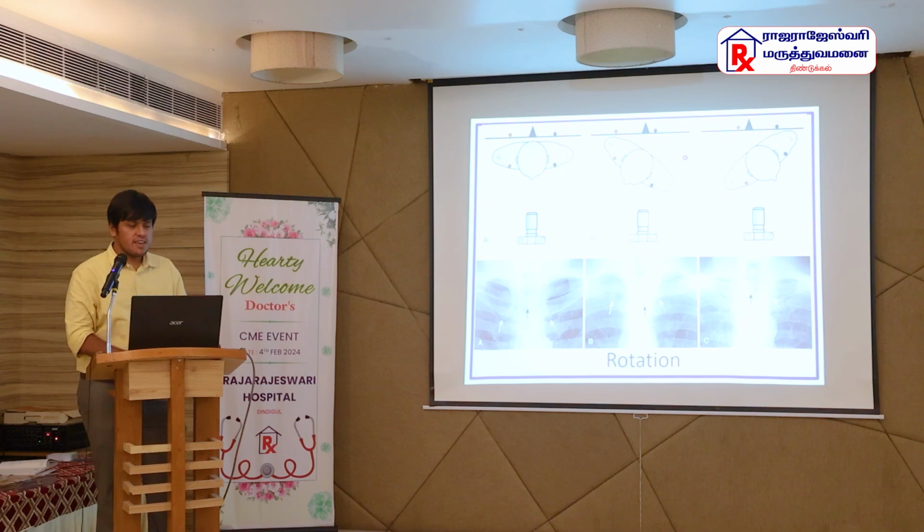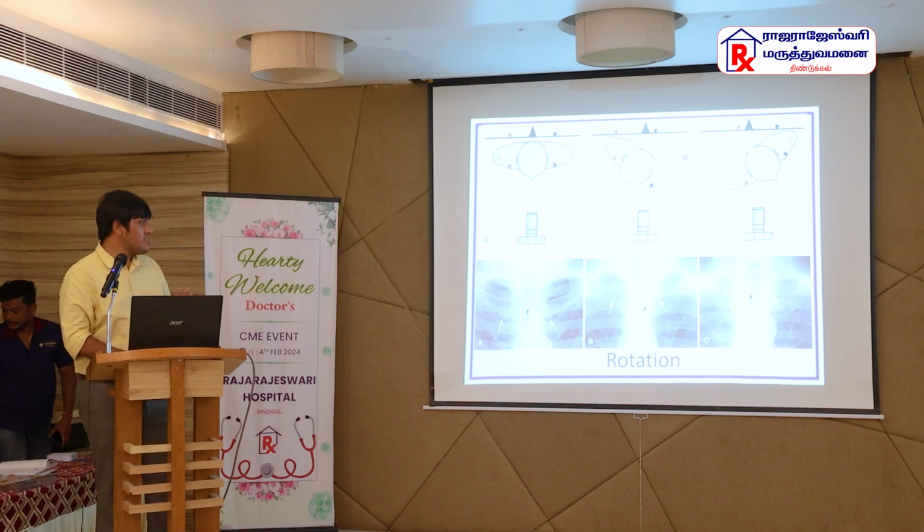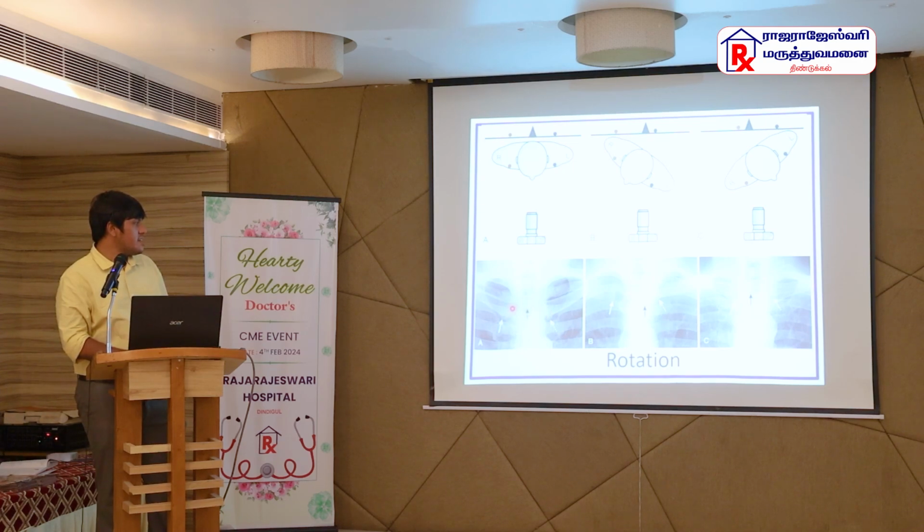How to define rotation: take the spinous process and measure the distance from the medial end of each clavicle to the spinous process. If they are equal on both sides, the film is good.